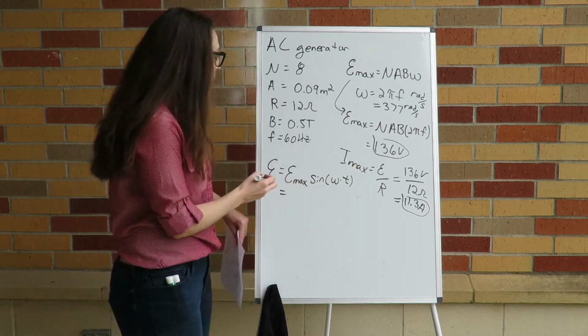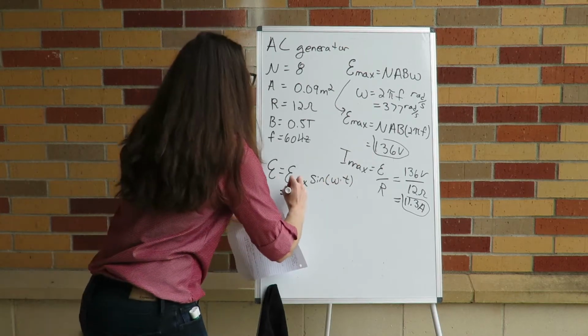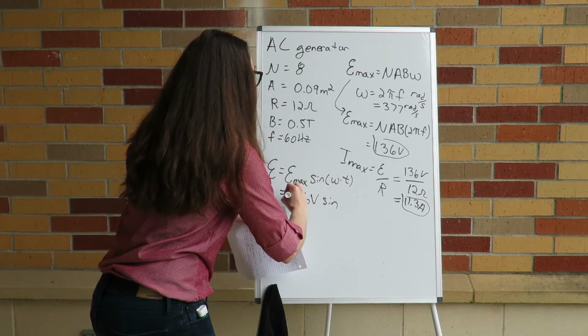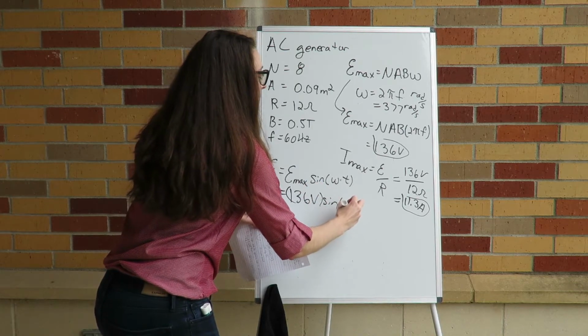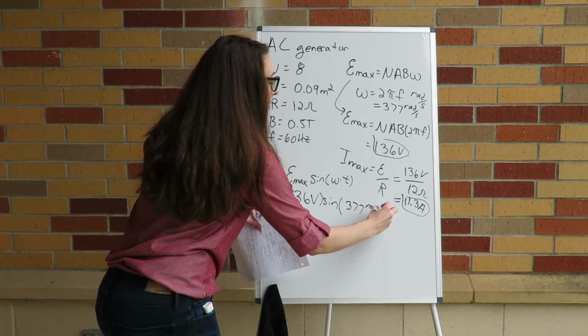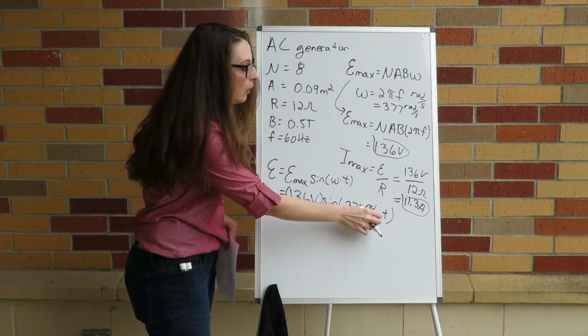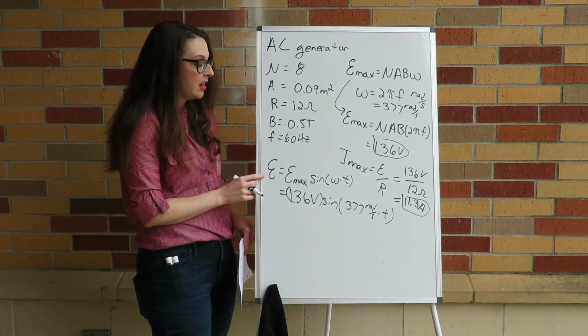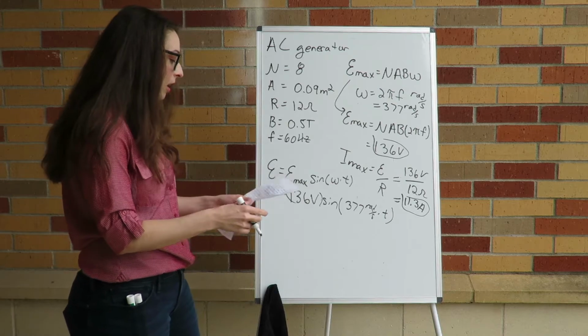So our EMF at any time we'll be able to find by using 136 volts times sine of 377 radians per second times time. I plug in whatever time I want here, and I'll figure out what the EMF is at that exact time. So this is going to look like a sine curve.